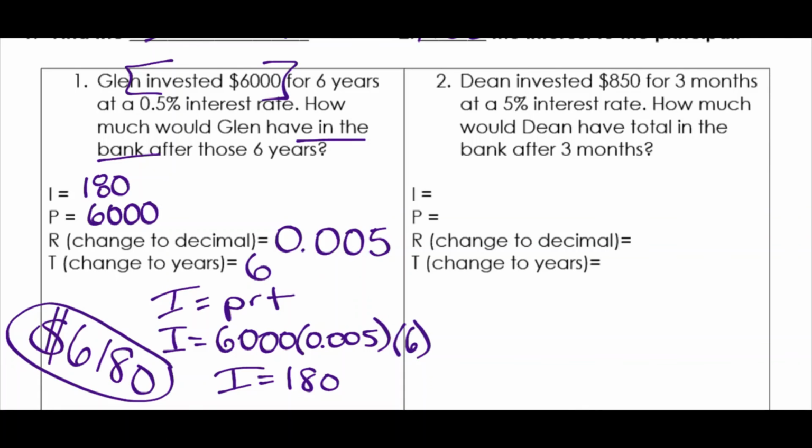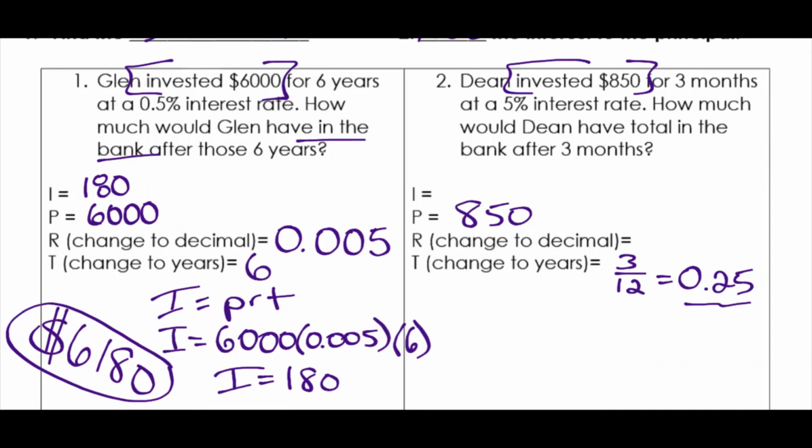Number 2, Dean invested $850. Starts out with $850. For 3 months, 3 out of 12 is 0.25. We need that in years. At a 5% interest rate, 0.05. How much would Dean have total in the bank after the 3 months?